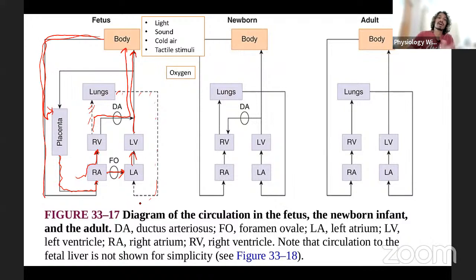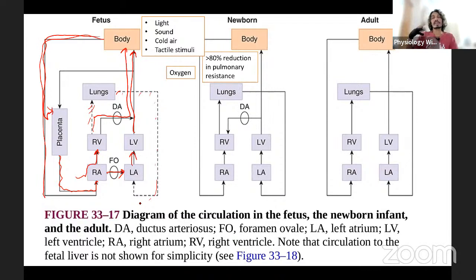Now, oxygen has a differential effect in the pulmonary circulation and systemic circulation. Oxygen is vasodilatory in one region. Okay. And it results in vasoconstriction in most of the other regions.